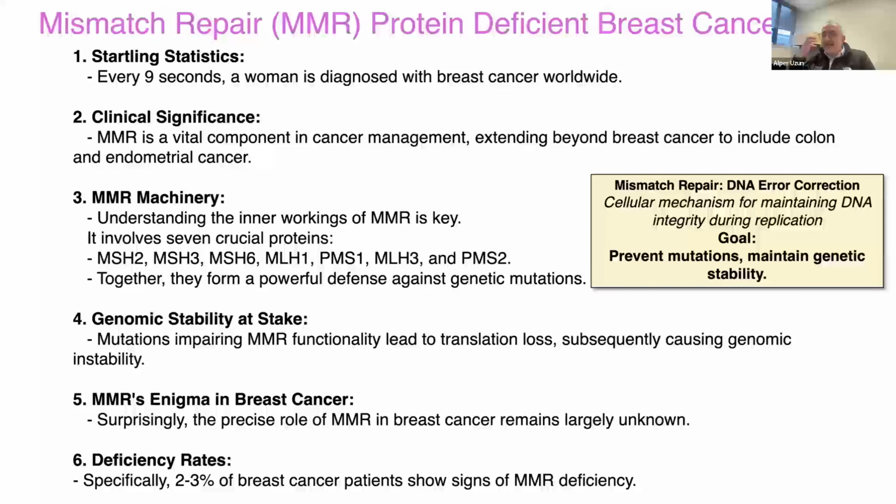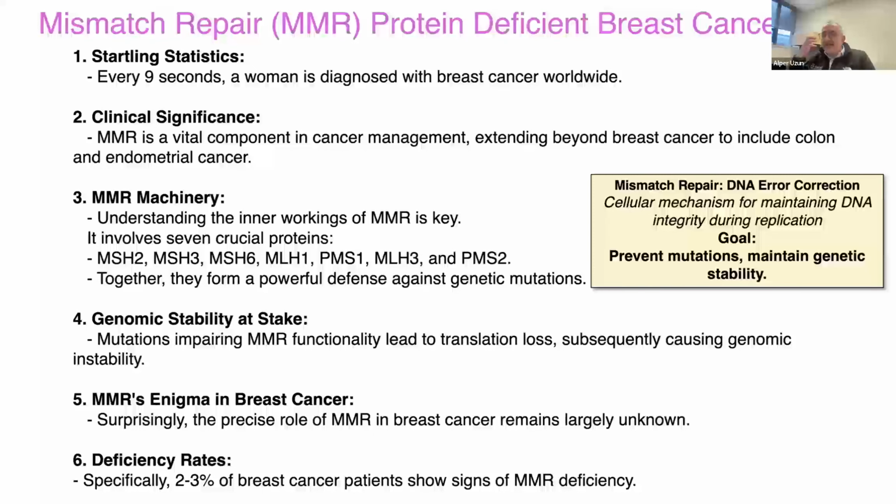So we used data from TCGA, the cBioPortal data, specifically 29 MMR deficient patients and 965 MMR intact. I'm not going to go into the details of the steps, but we ended up with 32 MMR intact and 29 MMR deficient patients.